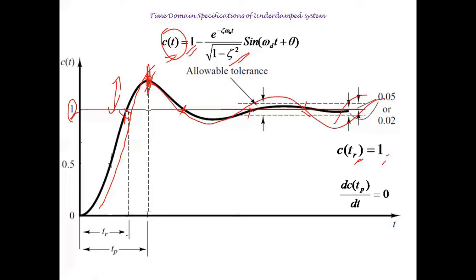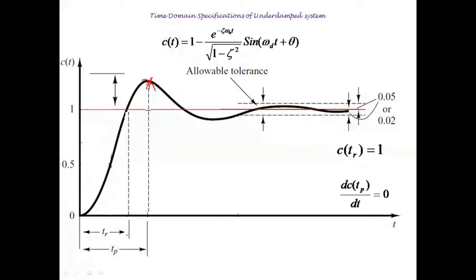With respect to increase in time, the response increases and the slope is positive. When it reaches its peak value, the slope will be 0. Again, with respect to increase in time, the slope becomes negative and the response is decreasing. Hence, exactly at time t is equal to T p, the slope will be equal to 0. Hence, I can write the expression as d by dt of c of T p is equal to 0, and this is the condition for peak time.